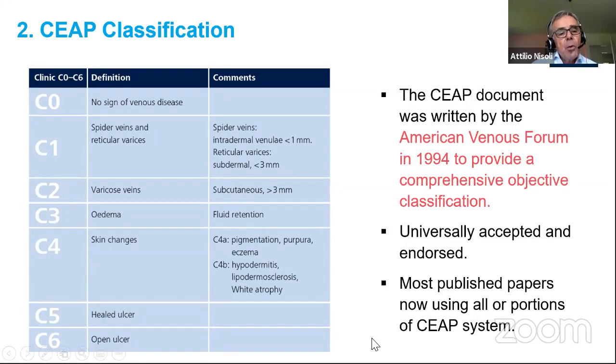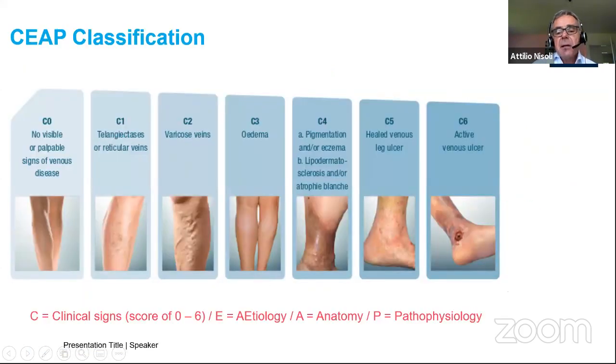And as we all know, it starts at C0 and goes up to C6. So these are the pictures referring to these C's. C, as you all know, stands for clinical signs.